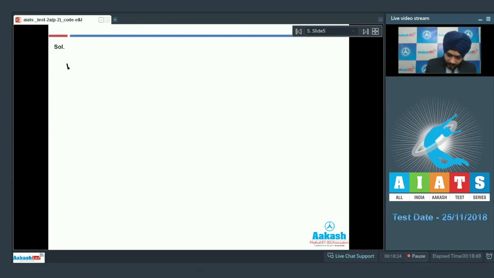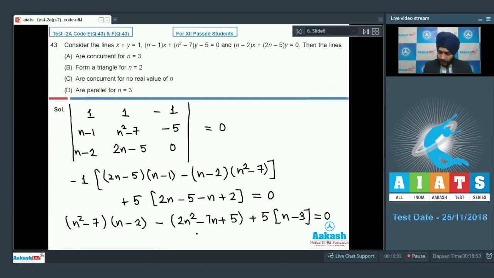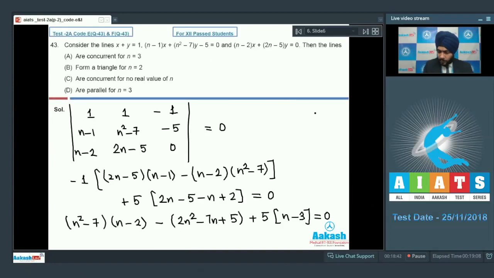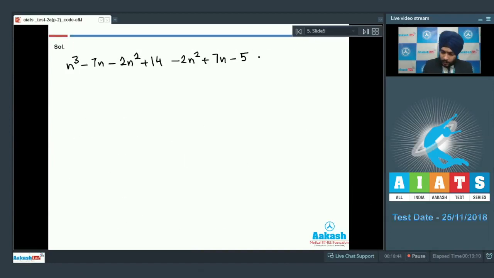N cube minus 7n minus 2n square plus 14. This is the expansion of the first term. Minus 2n square plus 7n minus 5. Further, 5n minus 15 equals 0.